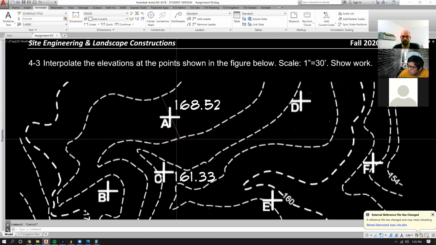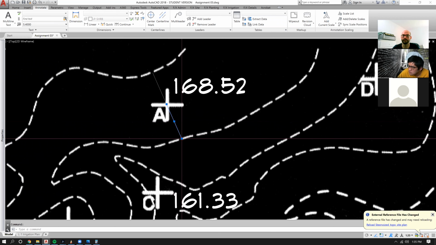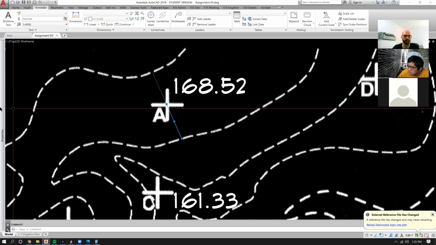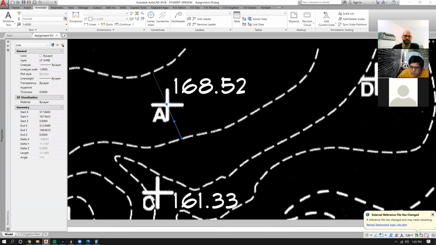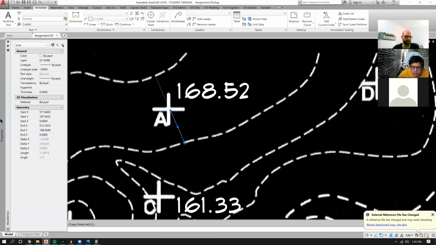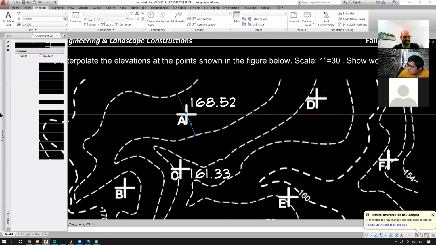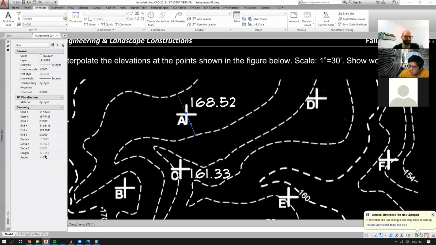So we're going to go from the lower contour, the 168 contour, and draw a line from that contour to our point. And that is going to give us, I missed it a little bit. It's going to be exactly half. I'll make it not exactly half just for the sake of the problem. 12.4, okay, we'll round that to 12 feet.